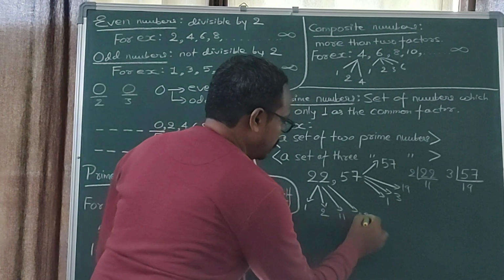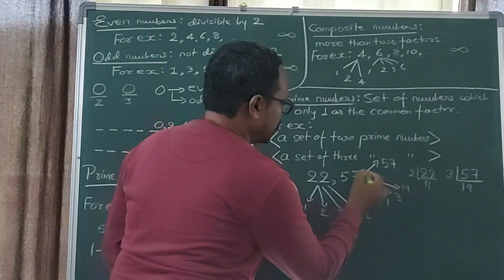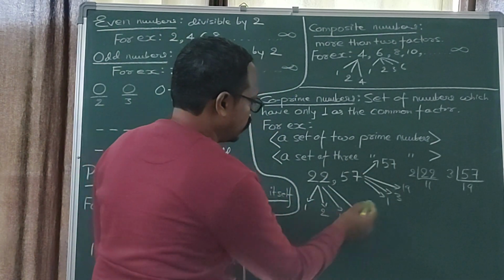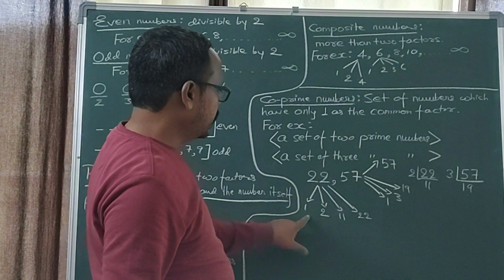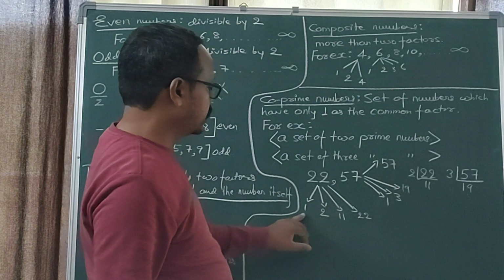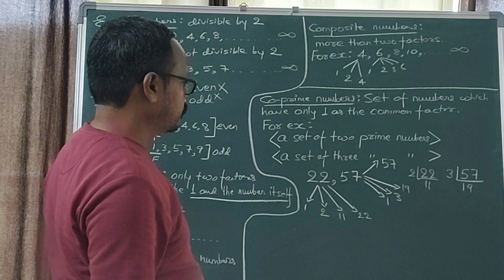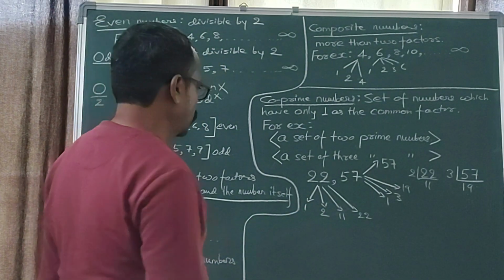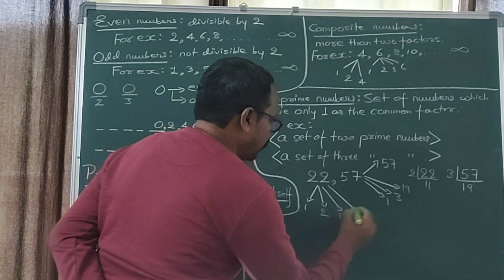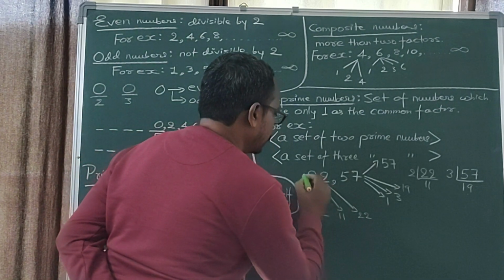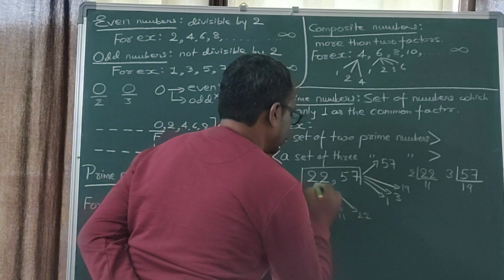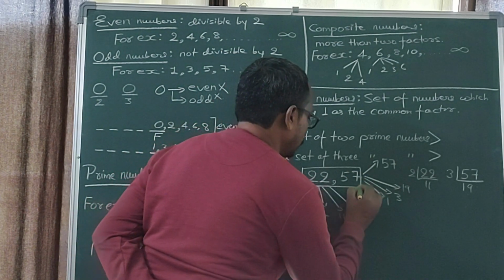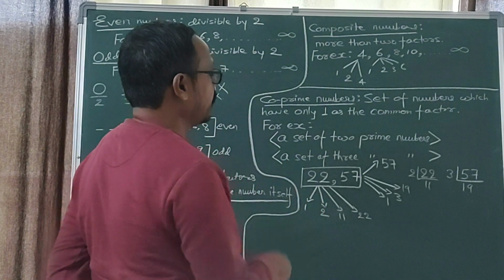This is the number itself, 22. This is the number itself, and apart from that, 1. So, do you see any factor which is common other than 1? No. So, in that case, we can say both 22 and 57 are a set of co-prime numbers.